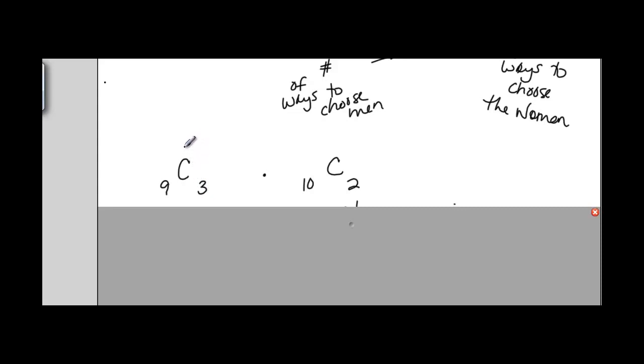This is a combination because the order did not matter when I chose those 3 out of the 9. And the number of combinations of choosing the women, selecting 2 out of a total of 10, has 10 as our N, or total number of women, and we're choosing R, which is 2.